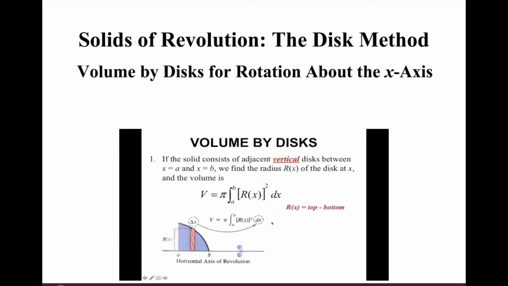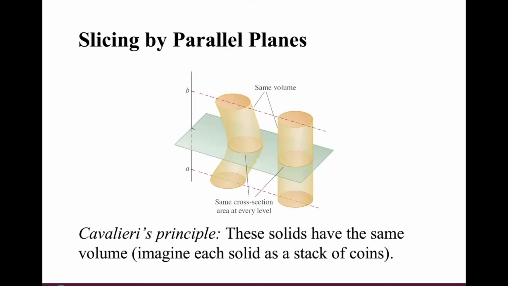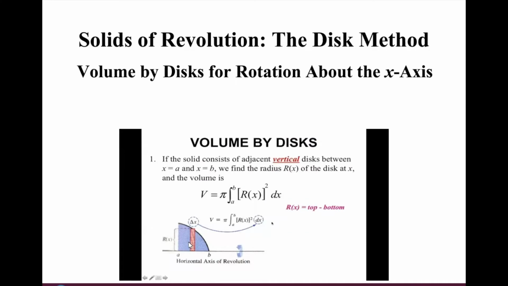All right, so that brings us to solids of revolution. This is going to keep us busy for the rest of this section and also in the next section, I believe. There are several different methods for finding solids of revolution. First of all, what I mean by a solid of revolution is, imagine that you have a curve, let's say sitting over top of the x-axis, and you then revolve that curve. You might be able to picture it here.